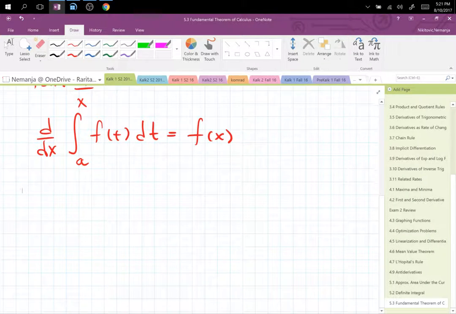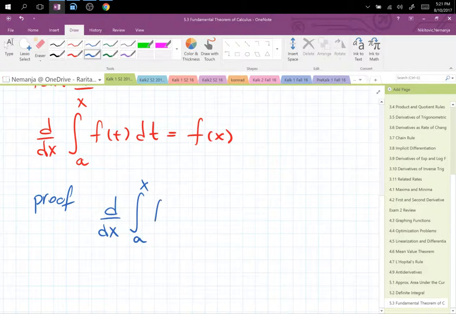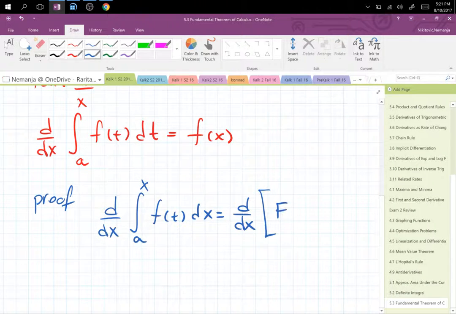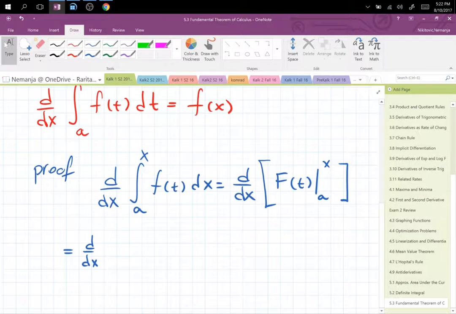And we can prove this calculation easily, because when you start with a definite integral, you copy the derivative, and what you get is the integral of f of t is capital F of t from a to x, which further tells us that we are now using part one where we compute.